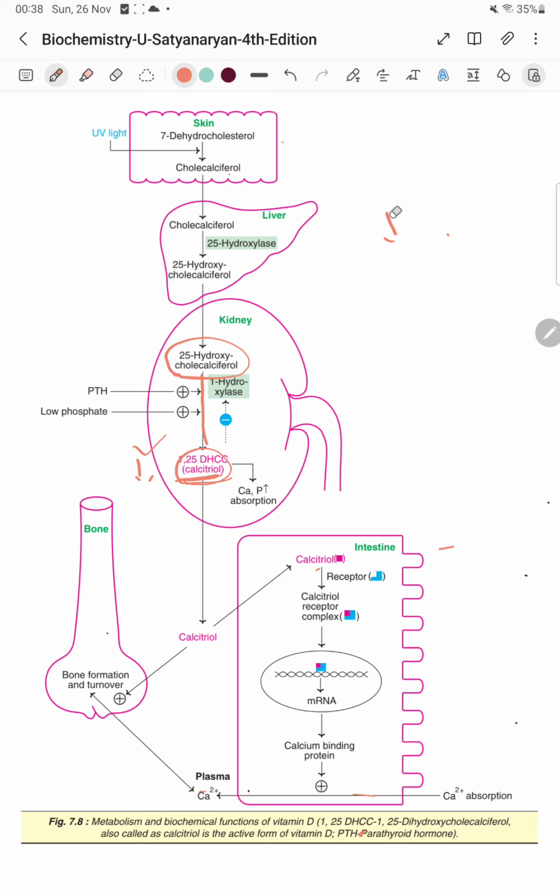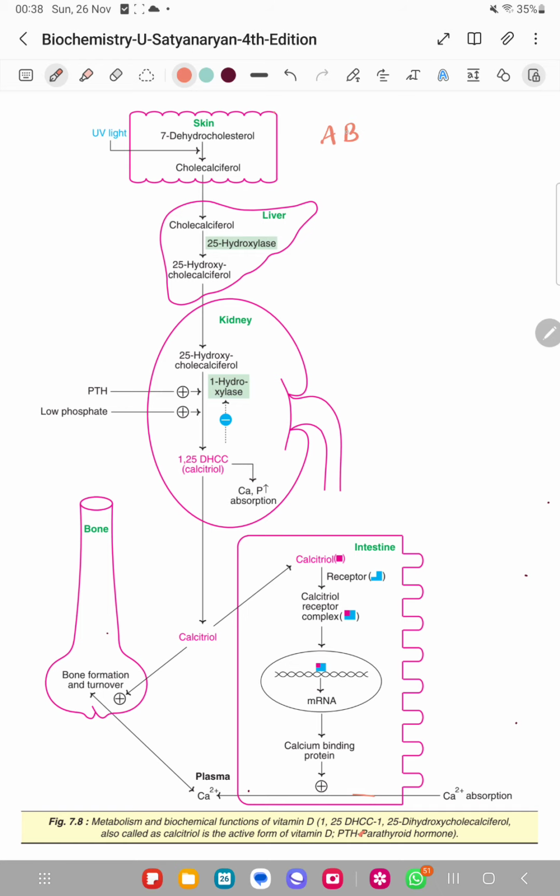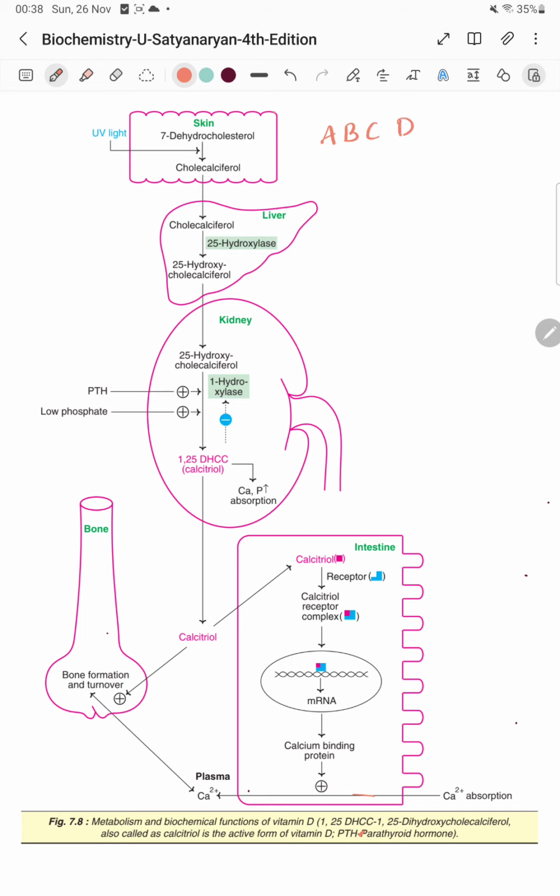Now we will move on to sources and RDA of vitamin D. Students mostly face difficulty in remembering the RDA of vitamins. We have so many RDAs, like B complex vitamin RDAs and fat soluble vitamin RDAs. To remember the vitamin D RDA, you have a simple trick: A, B, C, D. Vitamin D is the fourth alphabet, right?